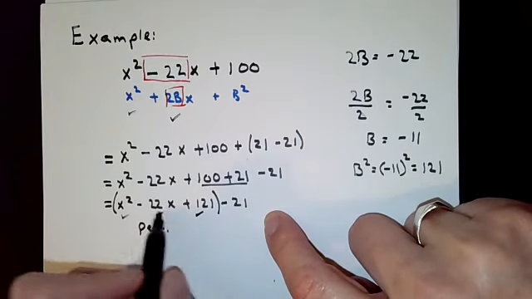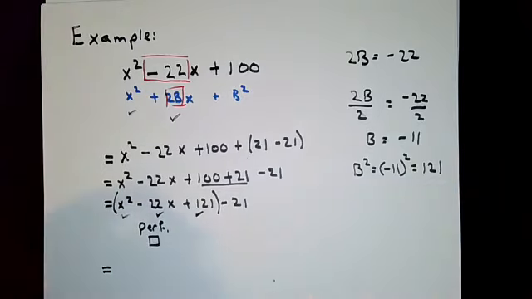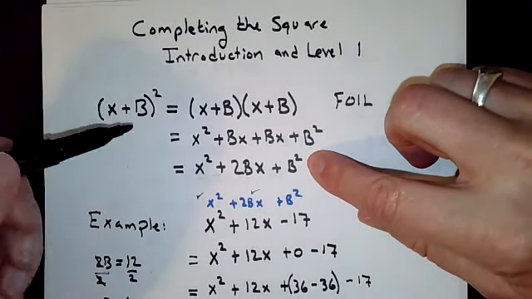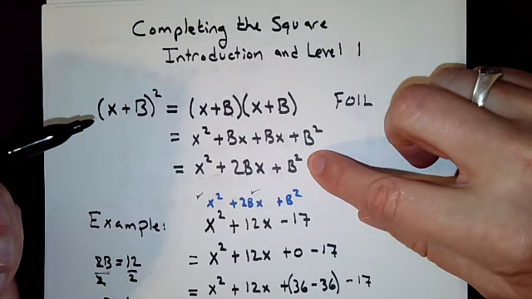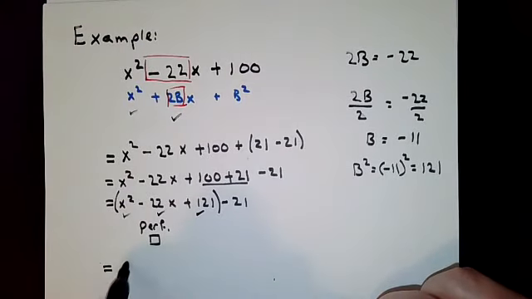But because this is a perfect square, we know that this will automatically factor into, going back to the pattern, x plus b quantity squared. So these first 3 terms will factor into x plus b squared.